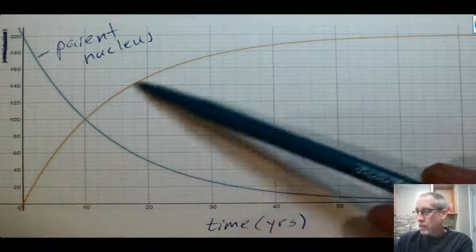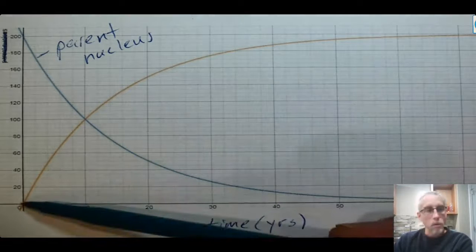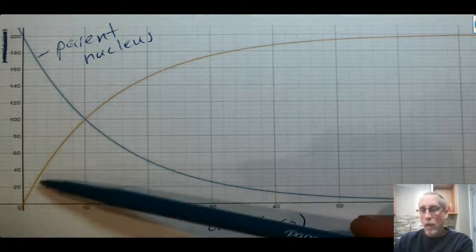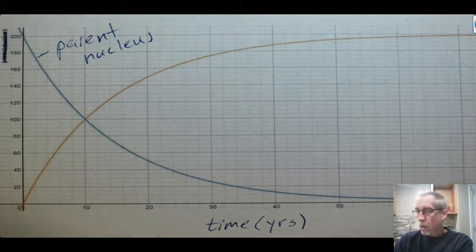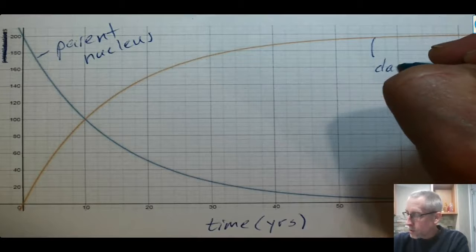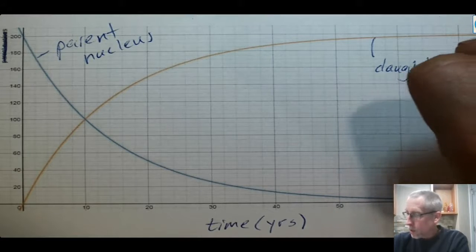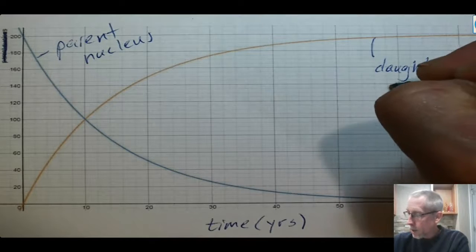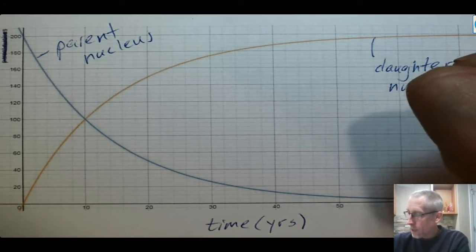But what is this here? You see, this is something that starts at 0, and it's approaching the number 200. Well, this is the daughter nucleus, or we've been calling it also the product after the decay.